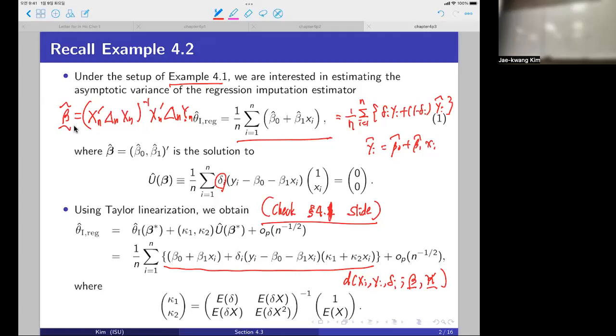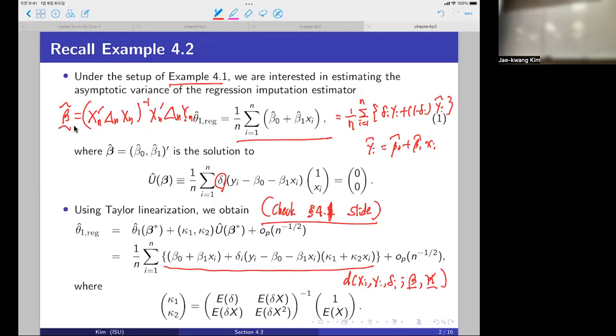It simply uses the complete data. That's why I put a Delta_n here, because we are using only the delta equal 1 cases. My point is that this beta hat is linear in y. It's a linear function.